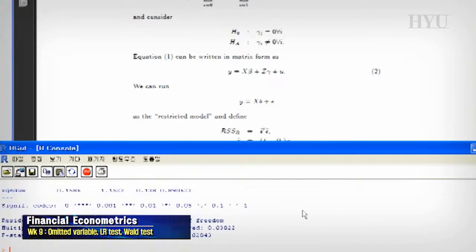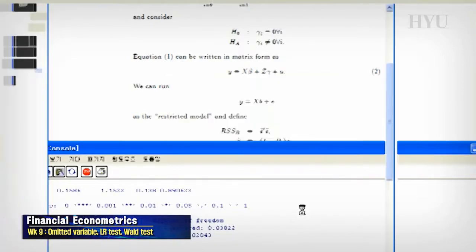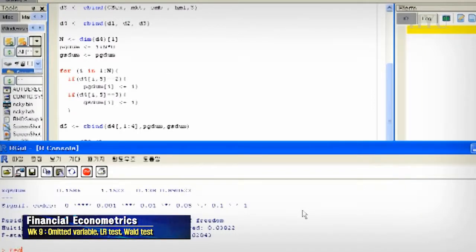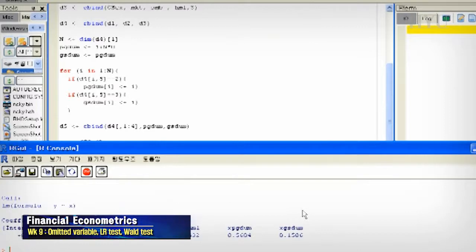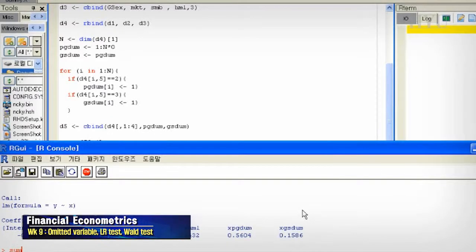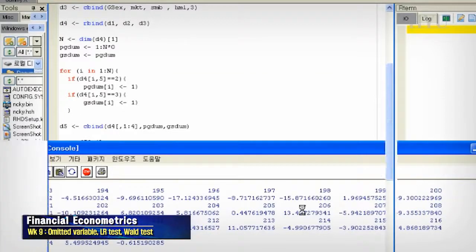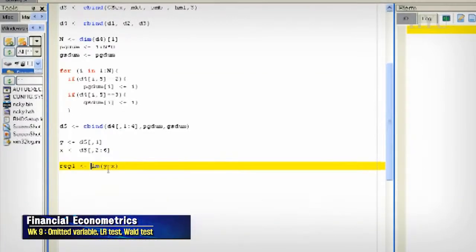I think there is an easier and more interactive way. So if we do this, we can get the residuals, which are the error terms from the unrestricted regression. Let me look at the summary over here.